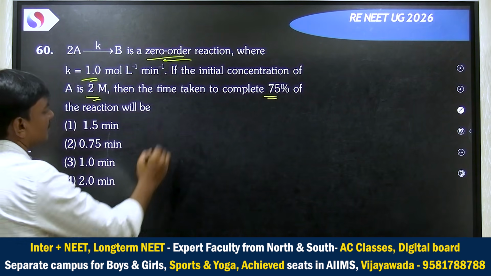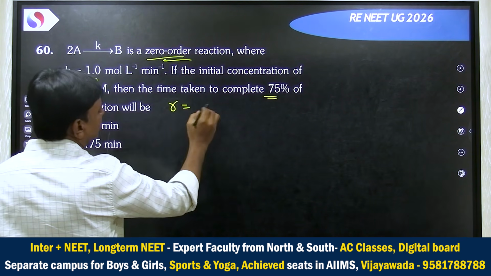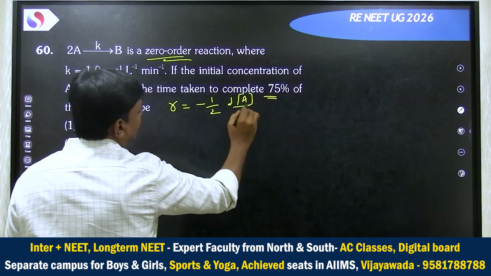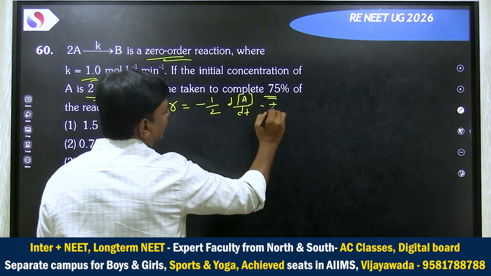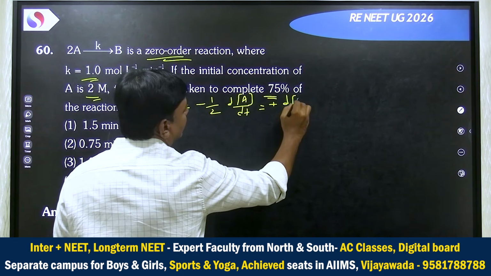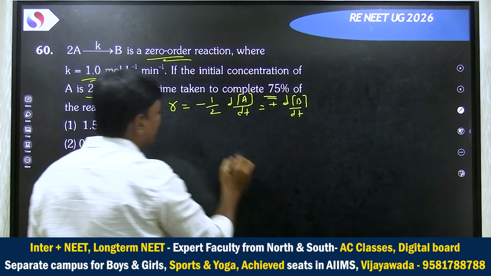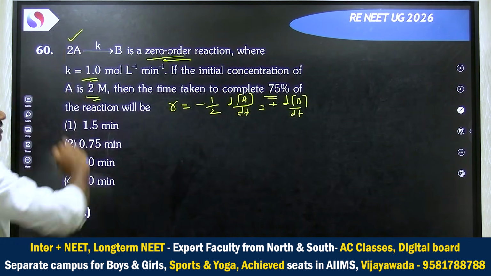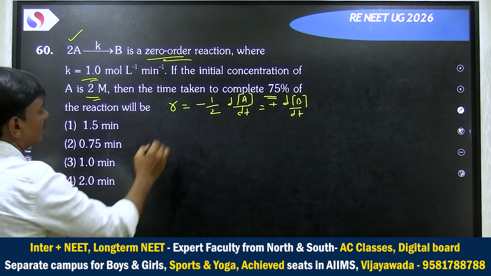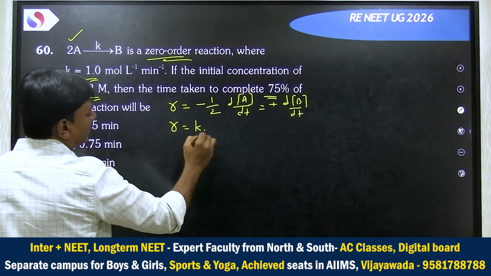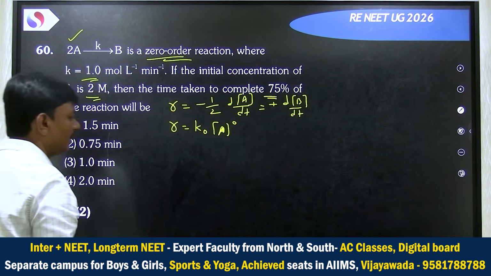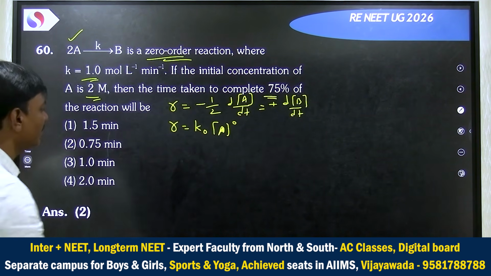For a 0 order reaction, rate equal to minus 1 by 2 dA by dt, that is equal to plus dB by dt. Here I am taking 1 by 2 because the stoichiometric coefficient of A is 2. Rate equal to K naught A power of 0. A power of 0 means 0 order, and its value will be 1.